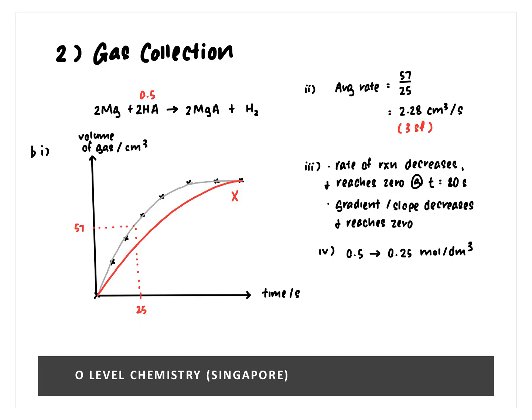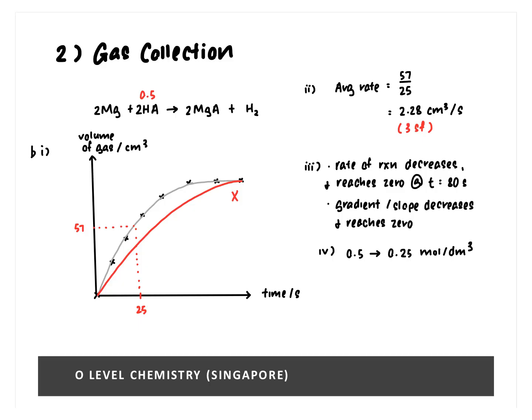All you needed to do was to find the volume of gas at 25 seconds from the graph, and that would be roughly around 57 centimeter cube. So the average rate would be 57 divided by 25. One thing to take note is that the question requires you to leave your final answer to 3 SF. So it is 2.28 centimeter cube per second.